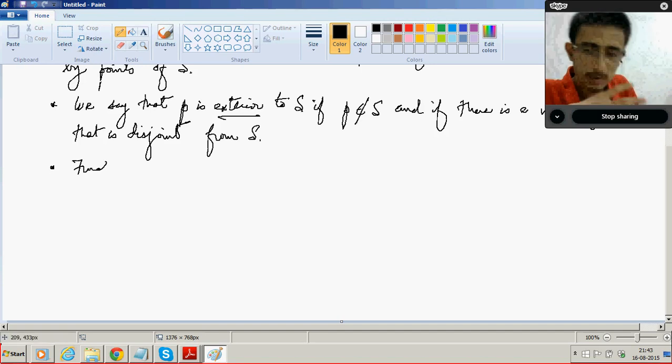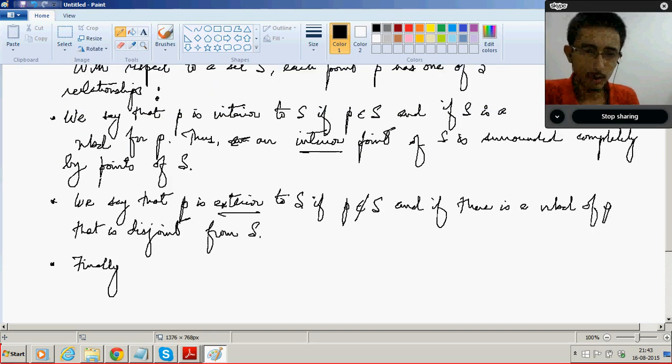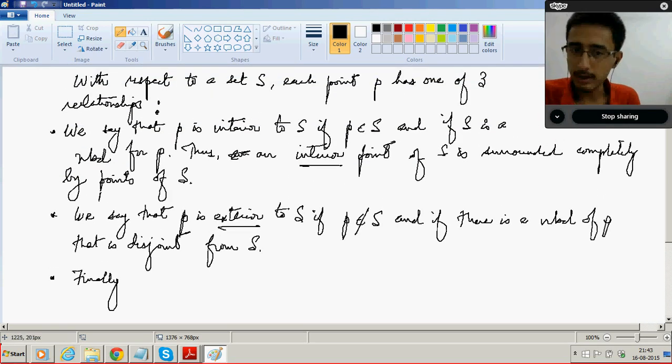By definition of neighborhood, a point P is in a neighborhood of another point P naught if mod of P minus P naught is less than rho, where rho is some positive number.